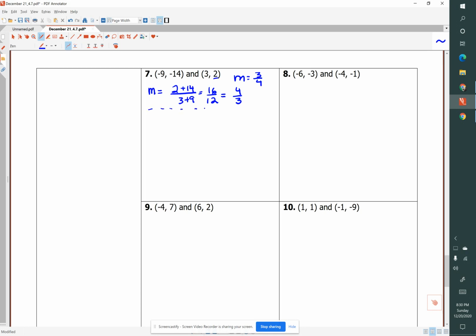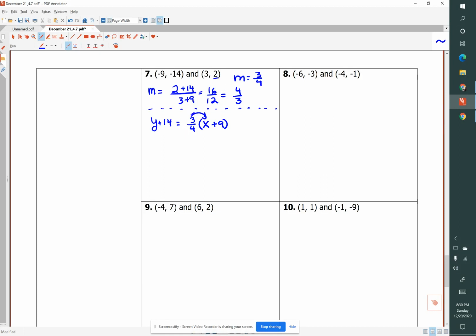Now we move on to the point slope form. y minus negative 14. So that's y plus 14 equals 3/4 times the quantity of x. And there's our plus 9.